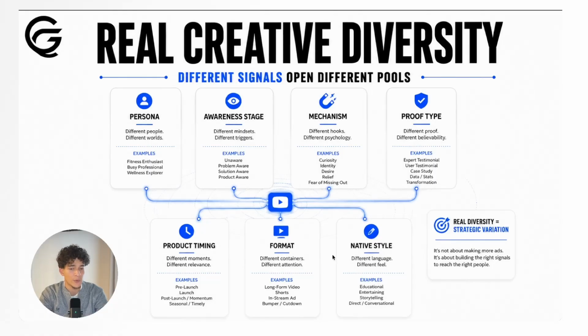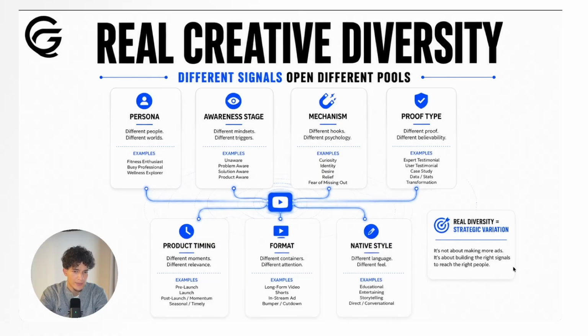And when you combine that with a native style, so you use UGC content but you use different language and different fields, so also different language, right? Very important. If you want to target people who are rather professional, you use their language. If you want to target people who are really deep into fitness, you use things like protein. If you target people who are not really into fitness but try to stay healthy, you explain what protein is, for example. Or you use other language like losing weight instead of tracking your calories.